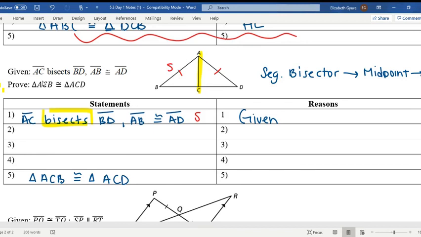It says AC is bisecting BD. So that means that C is the midpoint. Does that kind of make sense? Okay. So what we're going to say here is that C is the midpoint of segment BD. And that is the definition of a segment bisector.